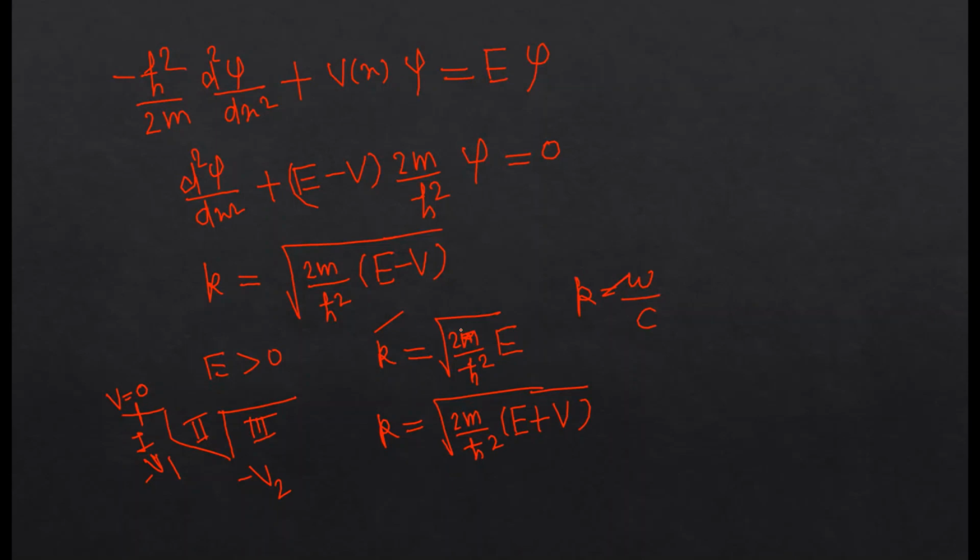So here k is less, so frequency will be less, and here k is more, so frequency will be more. As you move towards this side, V is increasing in negative sign, but minus minus will become plus, so the total term will increase. So as you move this side, the frequency will increase. You got my point?